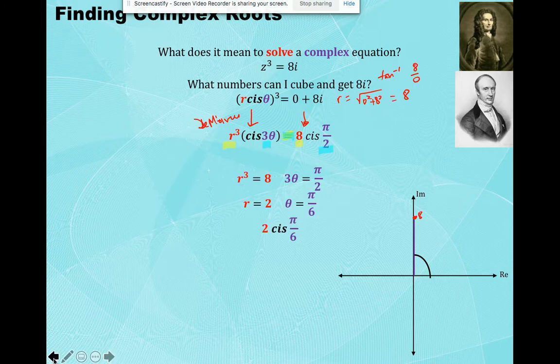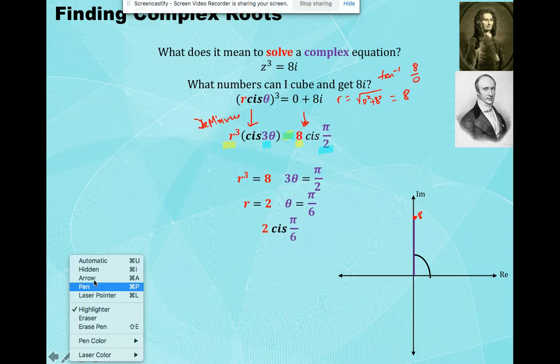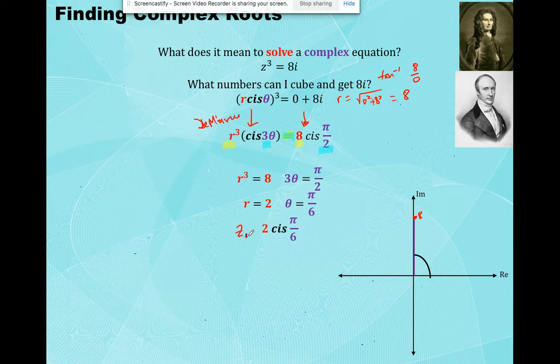That's one of my solutions. Oops, sorry. That's Z1, but Z1 is in polar form, so I'm going to turn it into rectangular form. Thank you, Speed Trig.